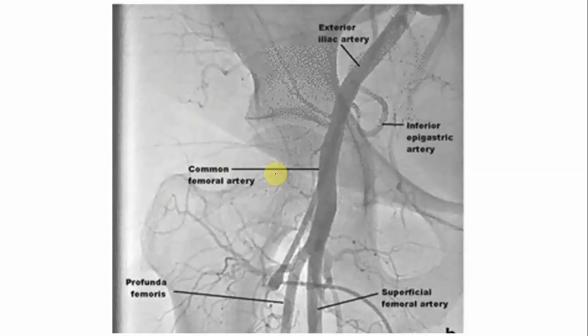When we do the access, we mark under fluoroscopy about mid-femoral head, and we start the skin entry point about 2 finger breadths below and aim to enter the artery at the junction of the upper 1/3 to lower 2/3 of the femoral head to access the common femoral artery.